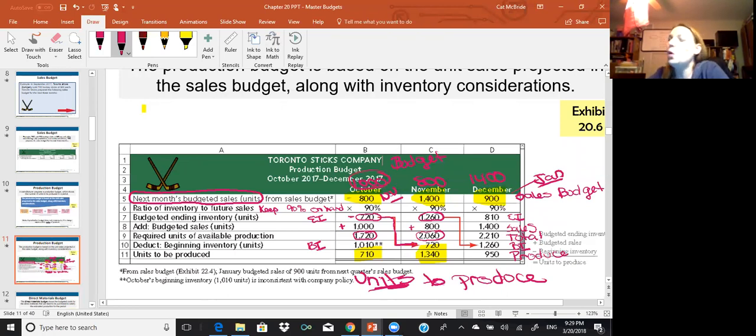So the total number of units that we have to manufacture is 1,720. But we already have in our beginning inventory 1,010. So we only have to actually produce 710. Okay. So then for the next period, for December, we're going to need 1,400 units. We want to start the month out with 90% of that. Are we good? Yes. Okay, it is confusing.